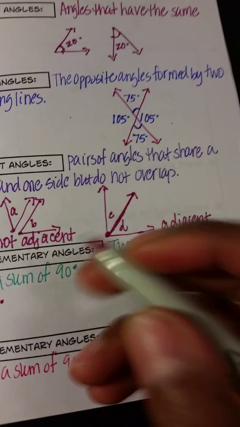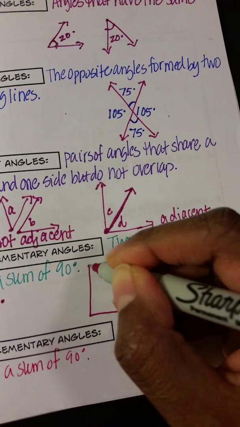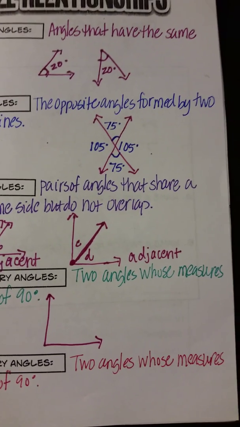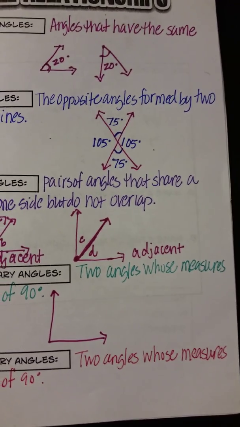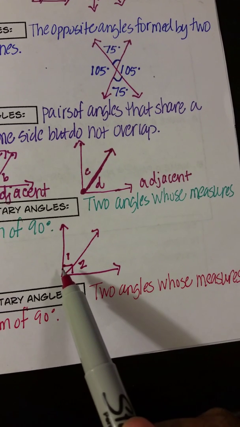Complementary angles. If I drew a right angle, I would say that angle 1 and angle 2 would be complementary, and it denotes that with this little box here.